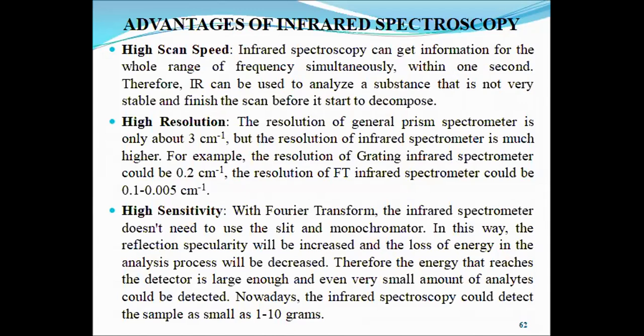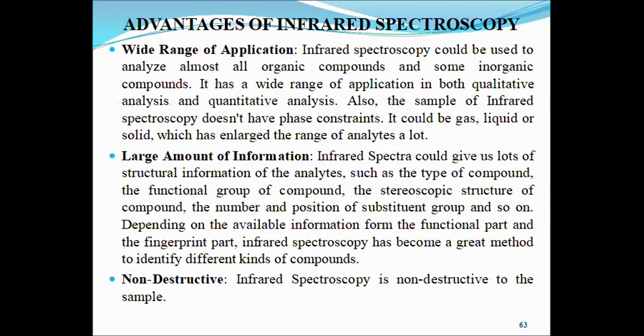An IR spectrometer does not need a slit and monochromator if we use FTIR. So they are very highly sensitive instruments, with a wide range of applications, as we have just seen. Therefore, it has its own advantage in both qualitative and quantitative analysis.